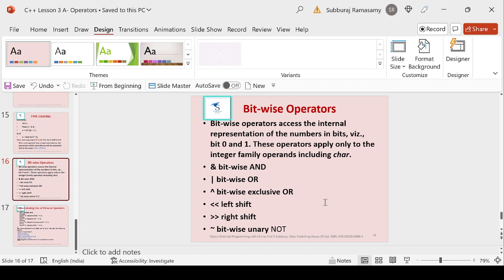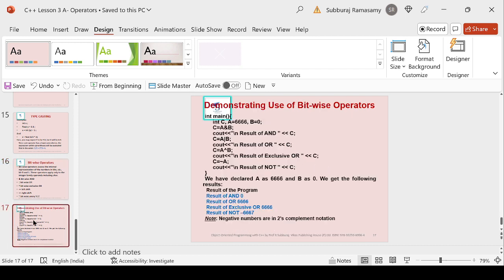I'm going to give an example. We take 8 bits for each integer. Let's demonstrate bitwise operations. Int C; A is 1010 repeated, so there will be 12 characters, a repetition of 1010 three times.